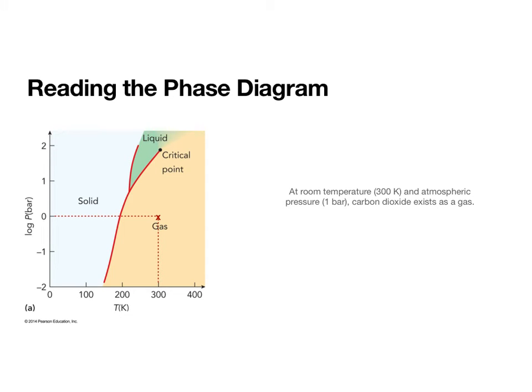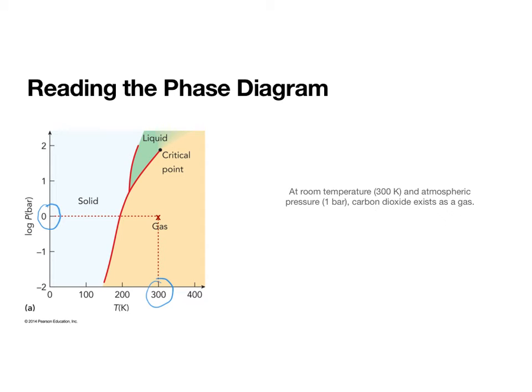So, reading the phase diagram, what we do is look at a temperature and a pressure and see what region of the phase diagram we happen to fall in. At room temperature, 300 Kelvin, and atmospheric pressure, 1 bar, notice that this is on a log scale, and so the log of 1 is 0.